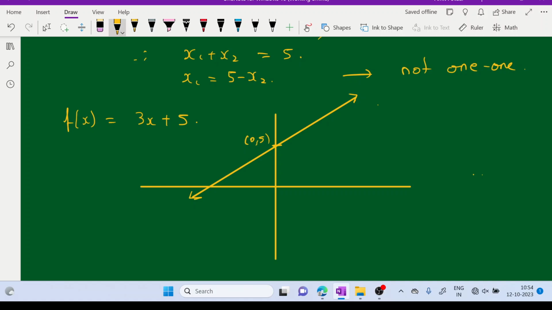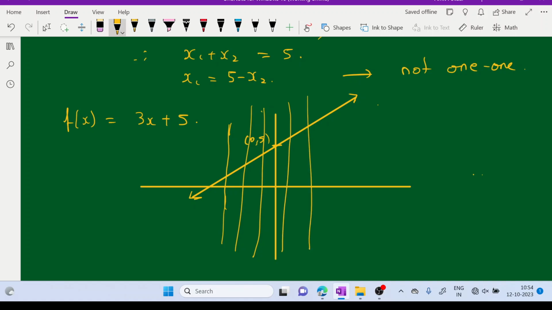This is its graph. Now from the graph also you can come to know whether the function is 1-1 or not. For that you have to draw lines perpendicular to x-axis. If you draw the lines perpendicular to x-axis like this, what you see is that these lines intersect the graph in only one point.